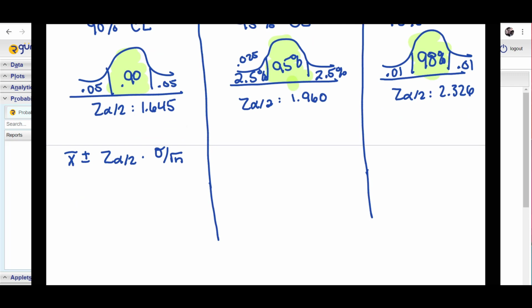All right, so that would be 125 plus or minus. The critical value for 90% is 1.645 times the standard deviation, which is 20 over the square root of 100. So let's go to our calculator.